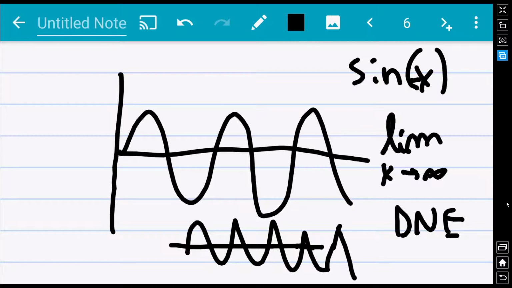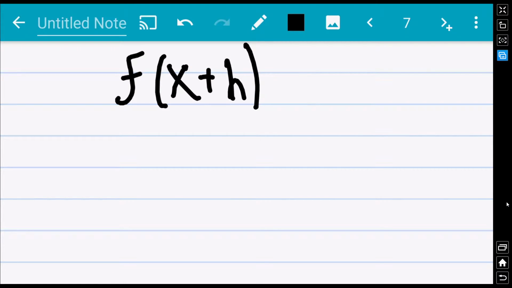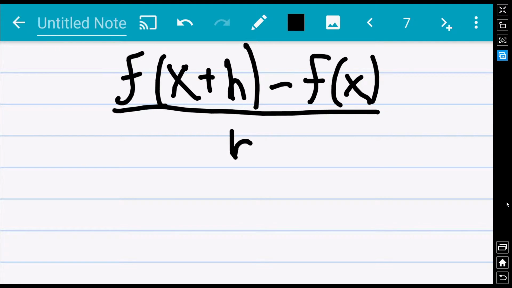So what do we do with this information? Well, derivatives are actually just limits. A derivative is just f at x plus some number h, minus f at x, over h, and that is with the limit as h approaches 0.